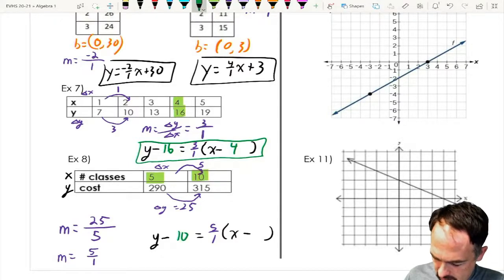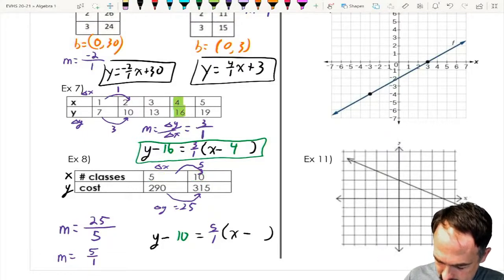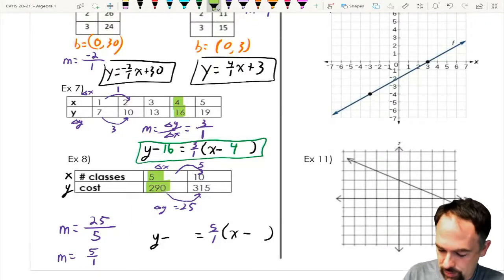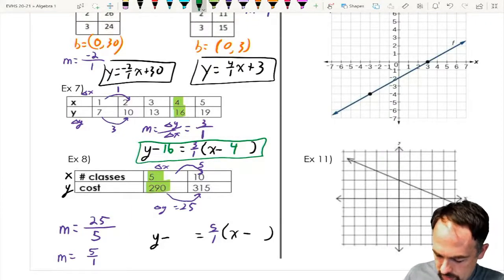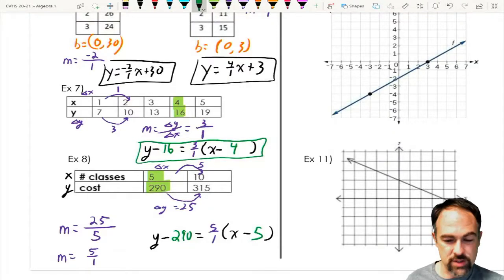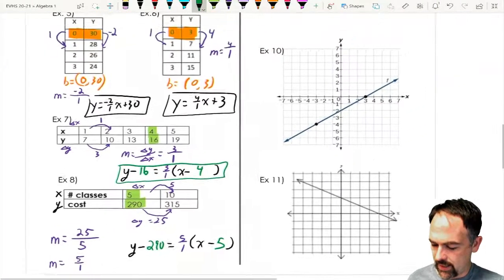And x minus the... Whoa, what am I doing? Let's back that up a little bit. I need to use a coordinate pair, which would be these two. Be careful with that when there's only 2 points. Okay, so y minus 290 equals 5 times x minus 5. Again, you could have used the other points too. That would have worked as well.